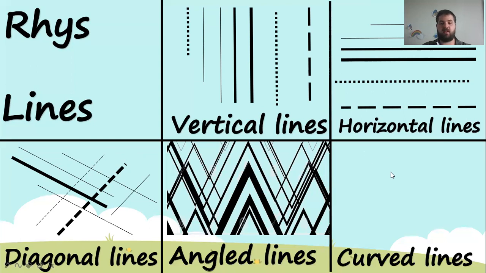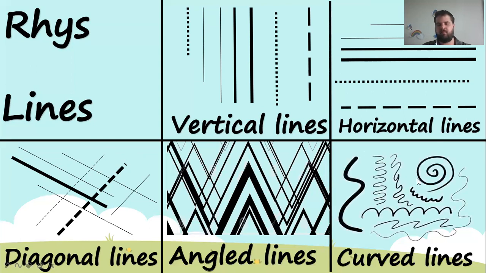Let's draw our curved lines. Here are our curved lines. They're all curved and wavy, no points. And they can be any shape you want. So curved lines. Okay, pause the video if you're not finished.